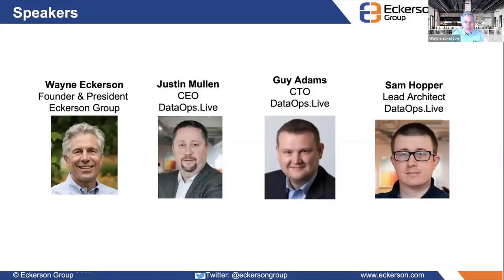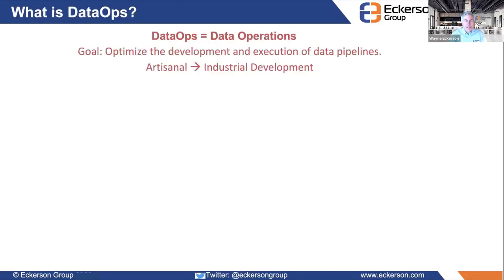So with that, let me give you a little background on DataOps if you're new to the space. Essentially, DataOps stands for data operations. It's a play off the term DevOps, which has been around in the software engineering space for nearly 20 years.